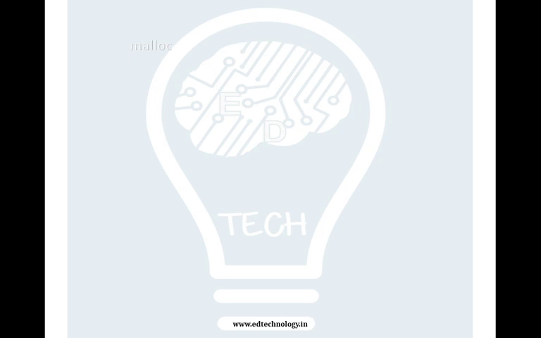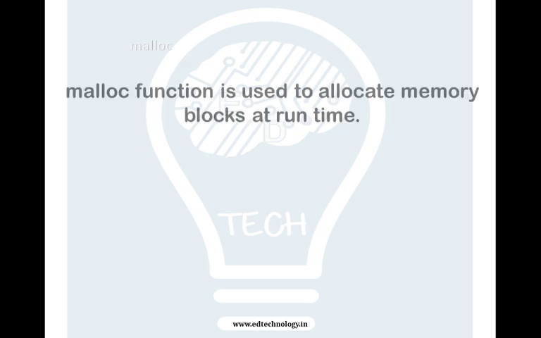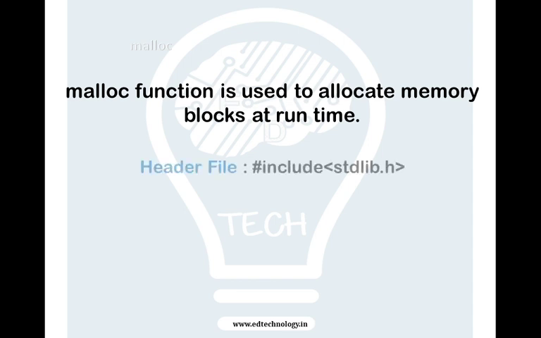First is memory allocation or malloc. The malloc function is used to allocate memory blocks at runtime. So this is the definition of the method or function where we are using dynamic allocation or the runtime allocation of the block. Is it clear?